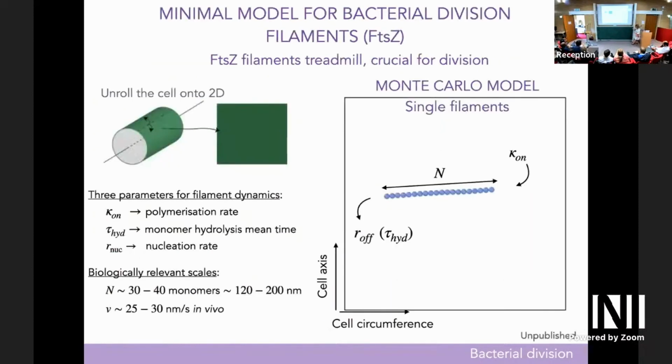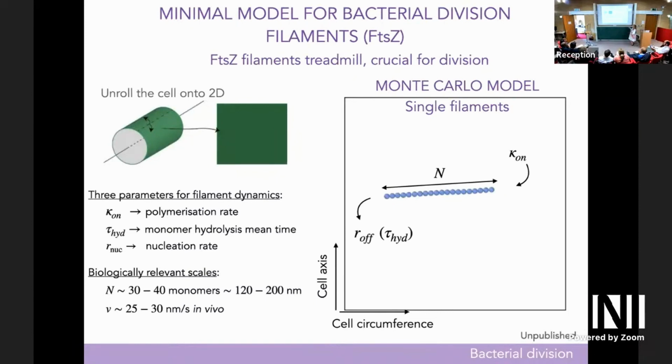And now this is much easier than what I showed you previously because we know so much about bacteria. You know, they make us sick, unlike archaea. So people have studied them to death, and they also live at room temperature and so on, so they're easy to study. So for FtsZ filaments, we know that they nucleate, they grow on one end, and they shrink on the other end.